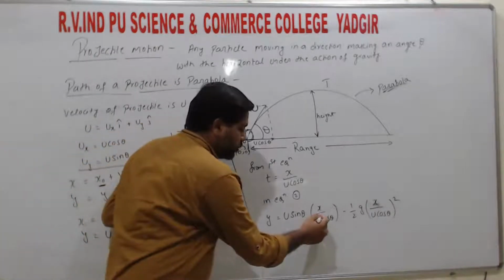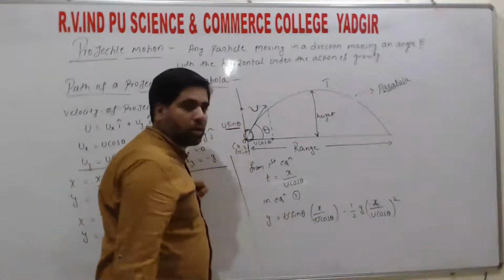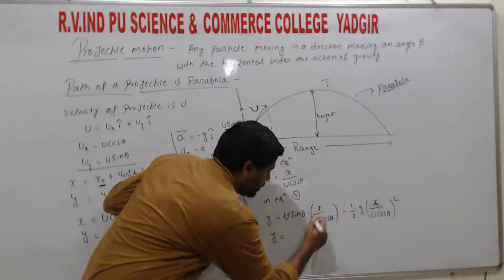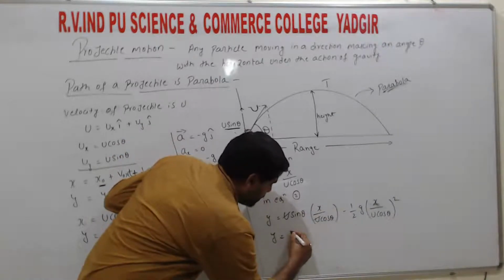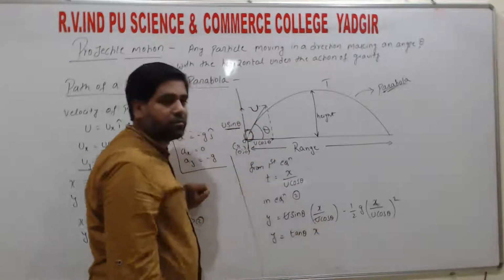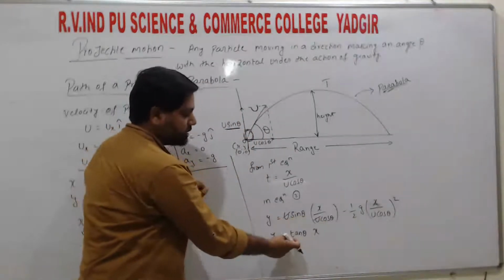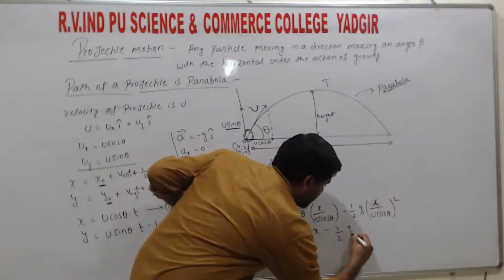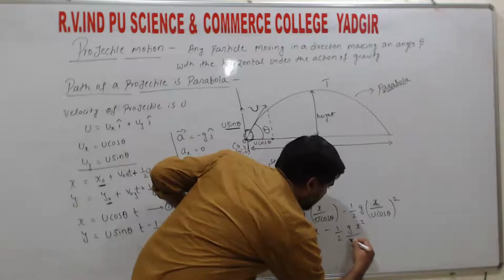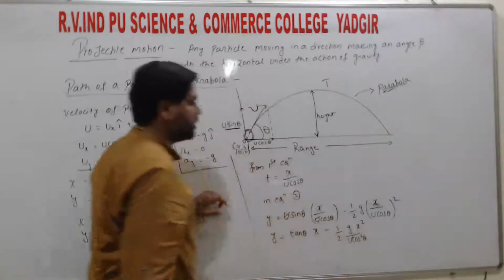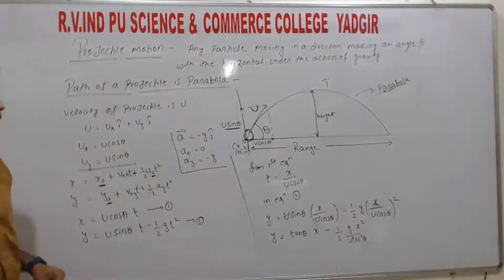Here the numerator and denominator have the common term u, so it cancels, and y equals sin theta by cos theta, which we can write as tan theta, into x. So y equals tan theta into x minus 1 by 2 g x square divided by u square cos square theta, right?